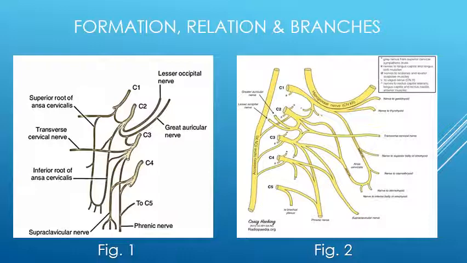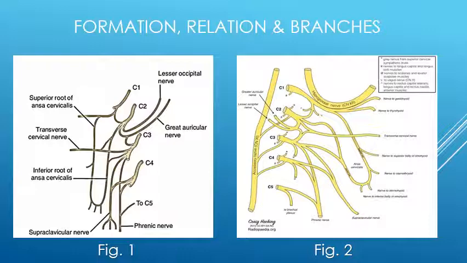Other C1 fibers are within the hypoglossal nerve. Most of the fibers are joined by the ansa cervicalis, making the superior root, while the other fibers of C1 within the hypoglossal nerve leave it as a nerve to the thyrohyoid and the geniohyoid, which is also shown in figure 2. So this is all about the cervical plexus, which is the main supply of the head and neck.